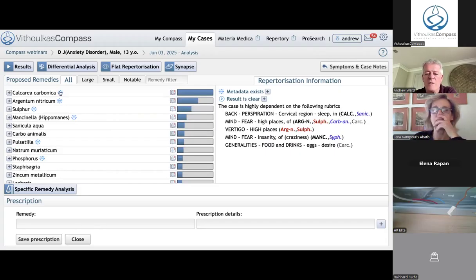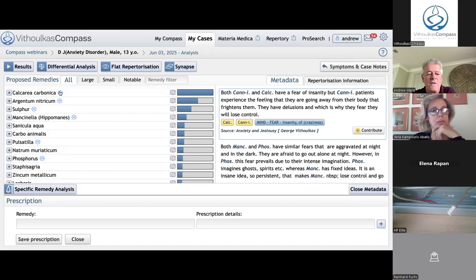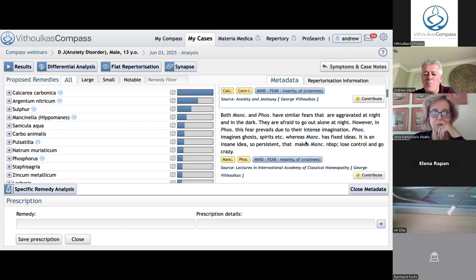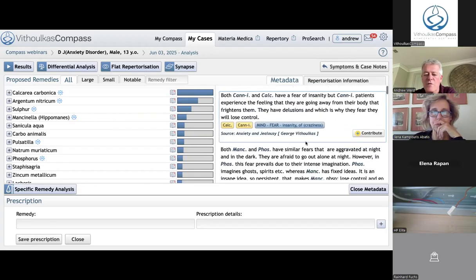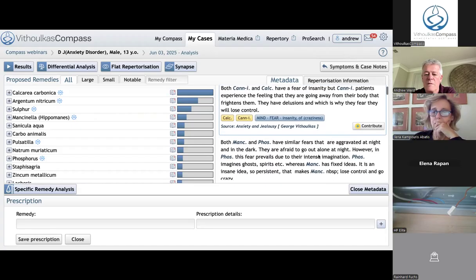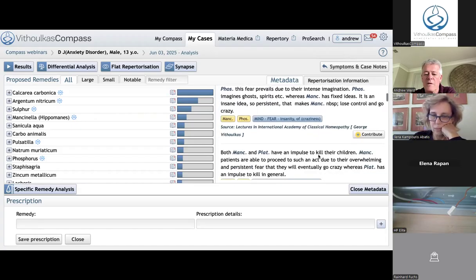We have a bit of metadata here. This is a little feature of Compass where there's some nice comparisons from some authors, mainly Professor George Vithoulkas. So he compares Cannabis and Calcarea's fear of insanity. And then some other.